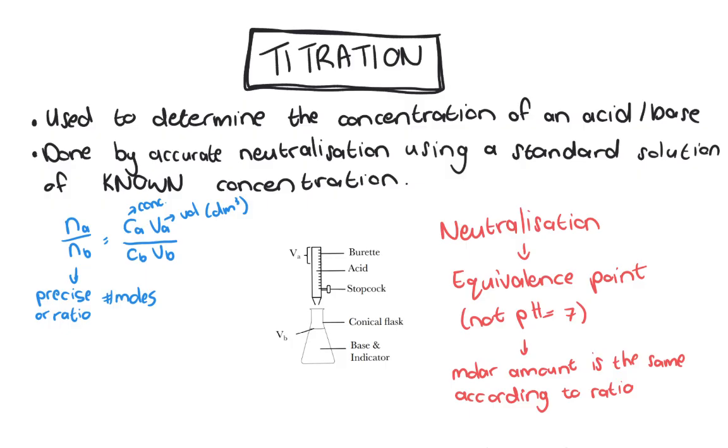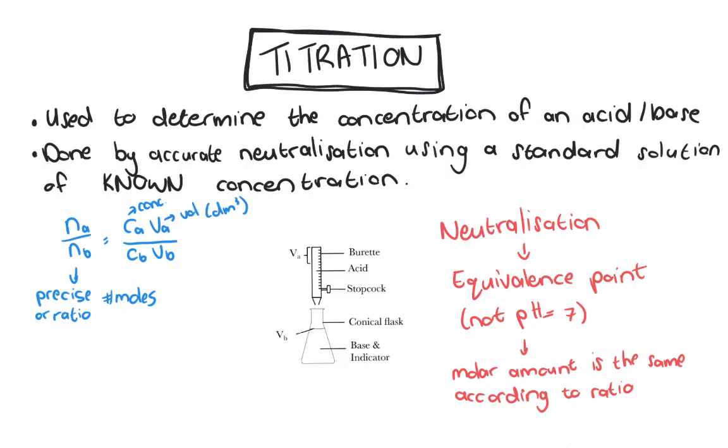So how we do a titration, you would have done this in a practical investigation, is first you add your unknown solution to your flask and you add your indicator as well, because remember we need to know when neutralization occurs, where the equivalence point is, at what volume added does the reaction reach its equivalence point.